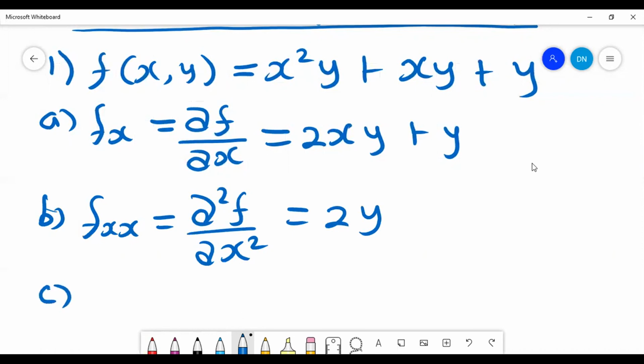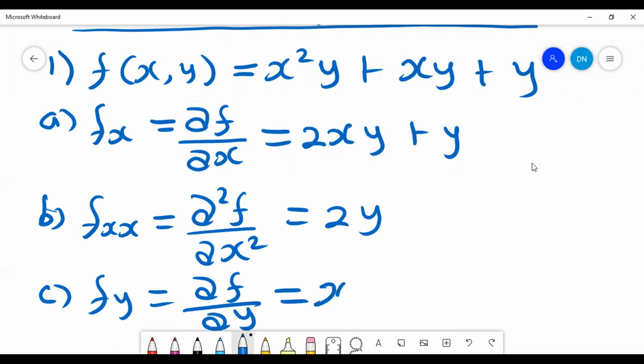What about f of y, or the partial derivative of f with respect to y? Let's go back to the original equation. It's x squared y, so it will be x squared, because if I differentiate y, I'll be left with 1. And then plus xy, if I differentiate y, I'll be left with x.